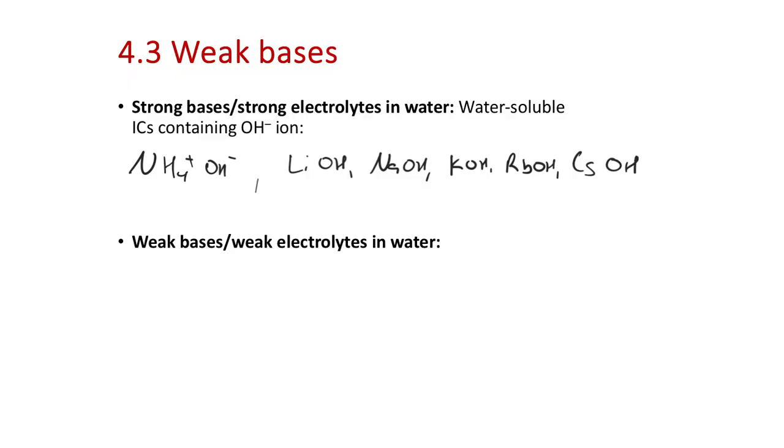We could write francium, but it's radioactive. We're not going to see examples with francium. And then we also have calcium hydroxide, barium hydroxide, and strontium hydroxide is in the wrong order. Strontium is wedged between calcium and barium on the periodic table, but then strontium hydroxide.